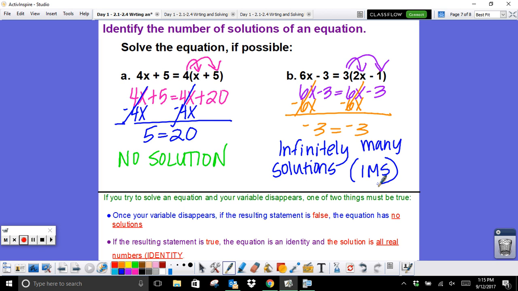In the past, you might have heard the phrase all real numbers. I would not count it wrong if you wrote all real numbers, but because these are solutions, I would rather you say infinitely many solutions, or all solutions, or something along the lines of every solution. But I would be okay with you just writing IMS.